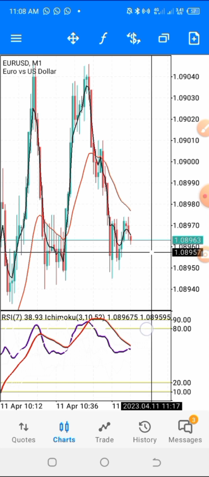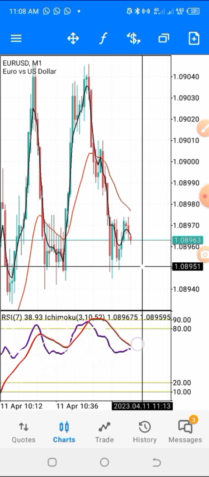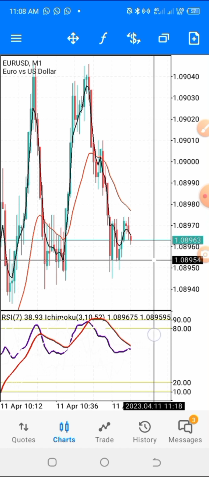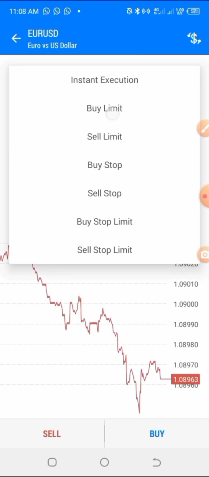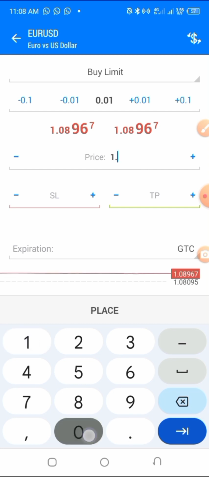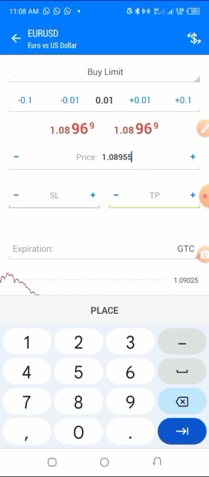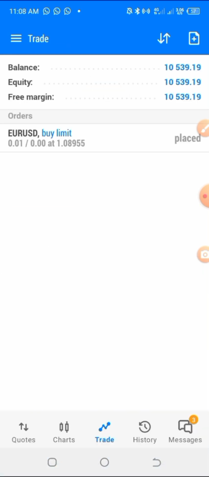So 89.55 probably, right? 89.50 as a buy limit, 1.08955. Click on place, and it will be placed here.